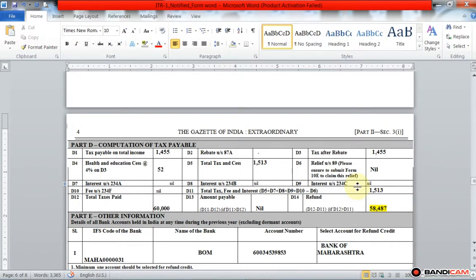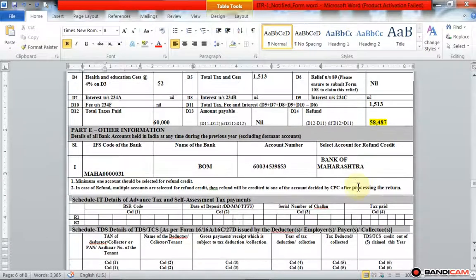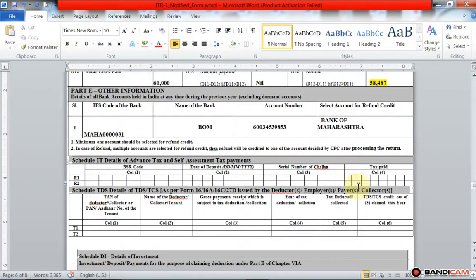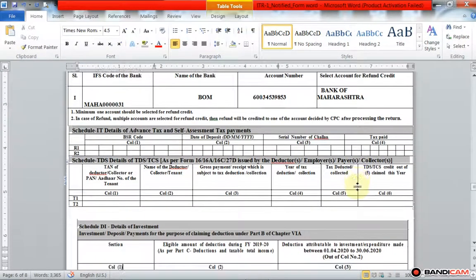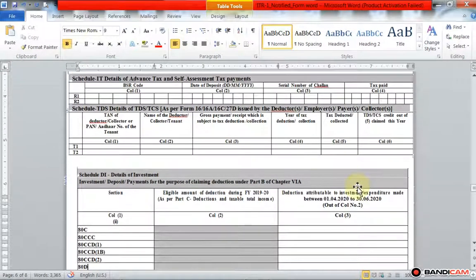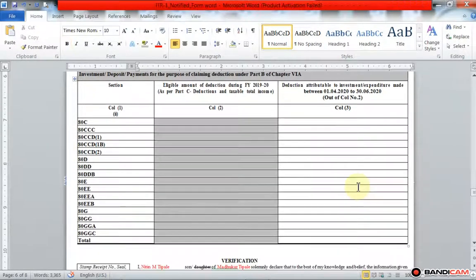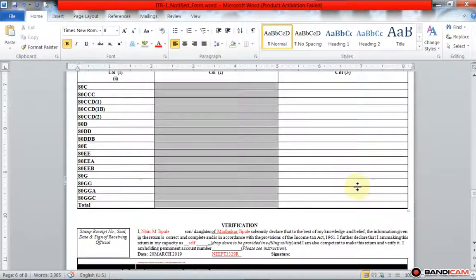Then next is the schedule IT details, that is tax deducted at source and advance tax payments. TDS is called that. Then schedule DI, investment related, all nil. Then we verify the information here.